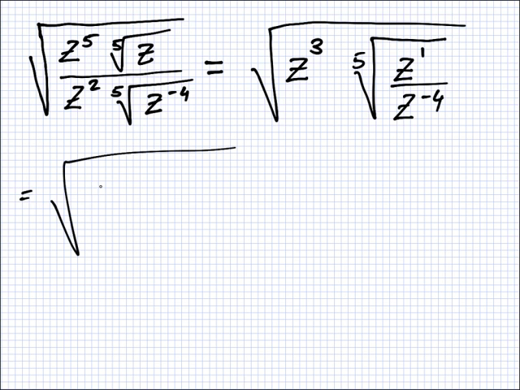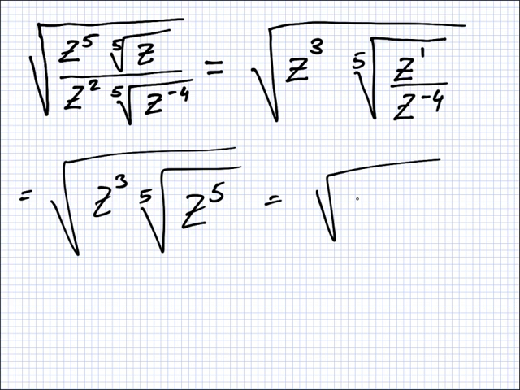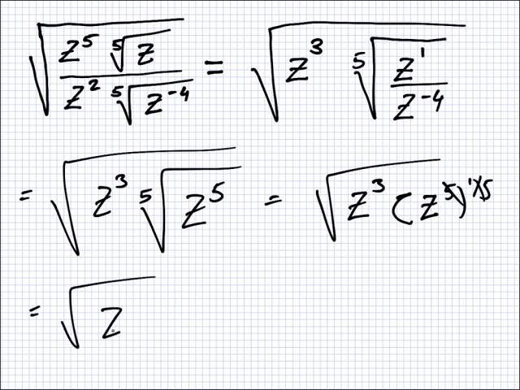This is square root, z cubed, fifth root, z to the 1 over z to the minus 4 in total, 5, yeah. And then what happens here? This would be square root, z cubed, and then that would be z power 5 power a fifth, which is 1. And z cubed by z is z to the 4. And this would be z to the 4 power a half, which is z squared. Okay? But there are many paths to that answer. Okay, write that one down.